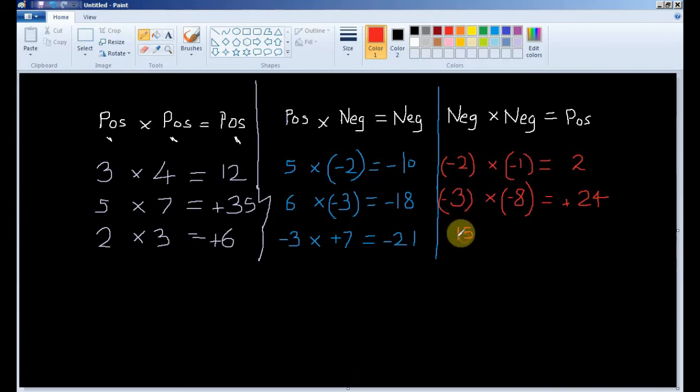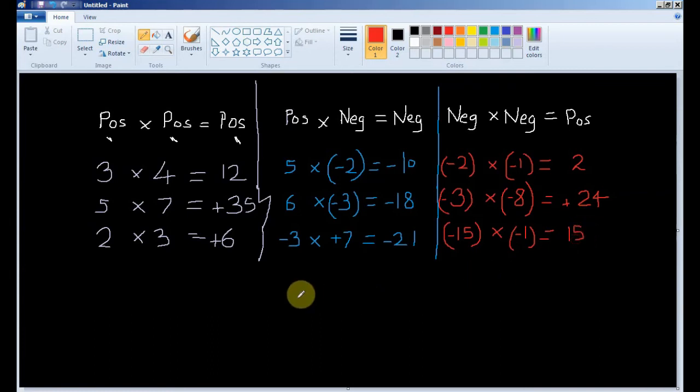Let's see another example. -15 into -1. Same thing like the first one, it's going to be +15.